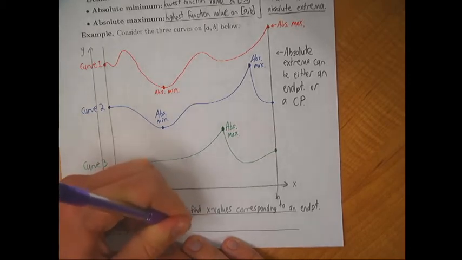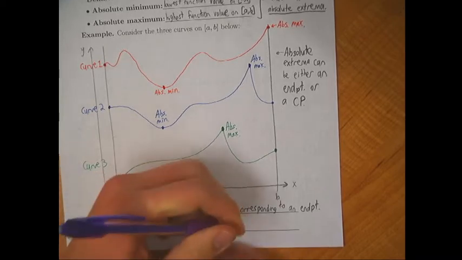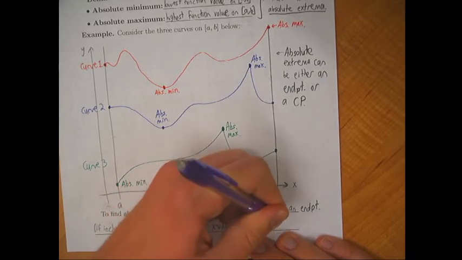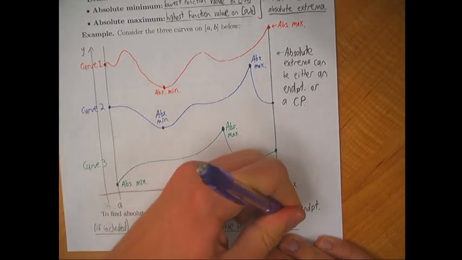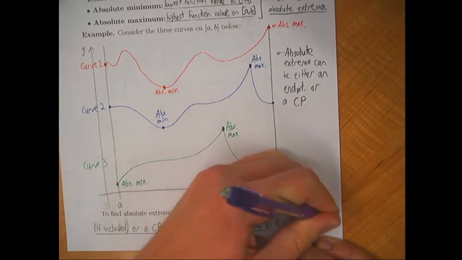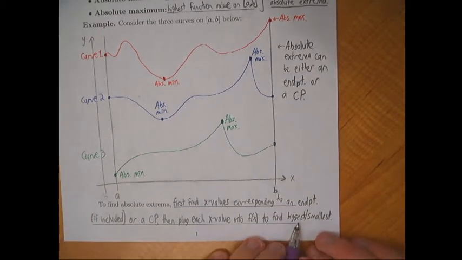Then plug each of those x values into f of x to find the biggest and smallest. Once we do that, whichever one's the biggest gives us the absolute maximum, and whichever one's the smallest gives us the absolute minimum. I'll give you a second to write that down before we get to our next example.